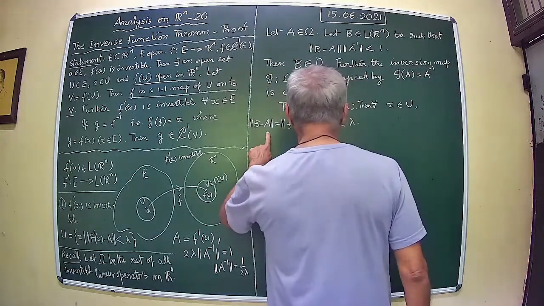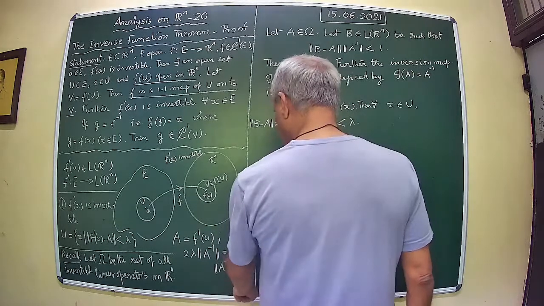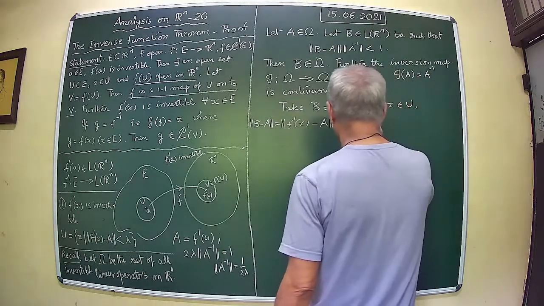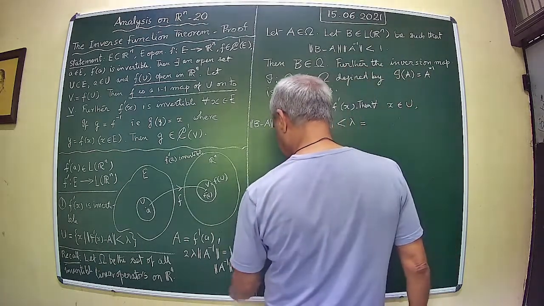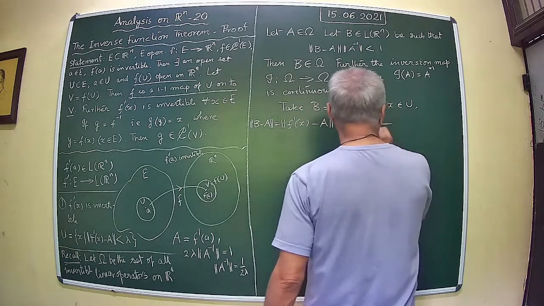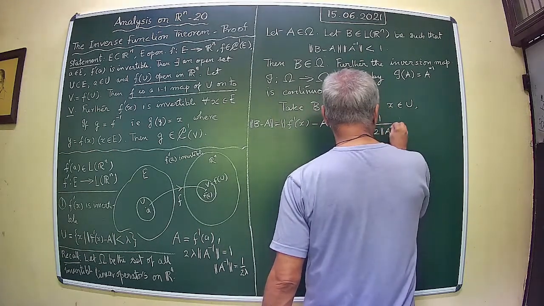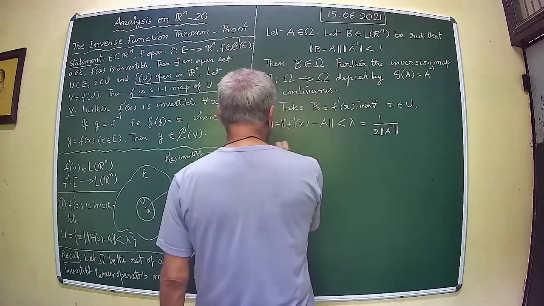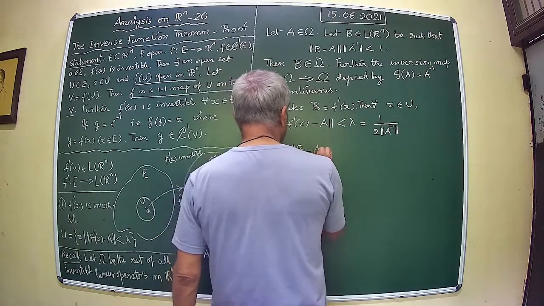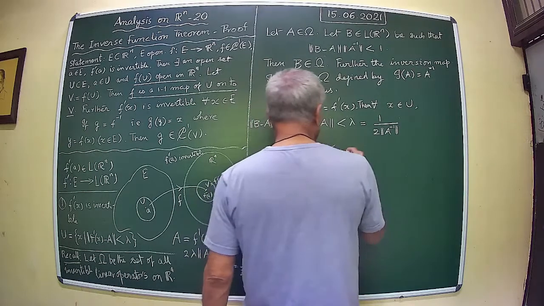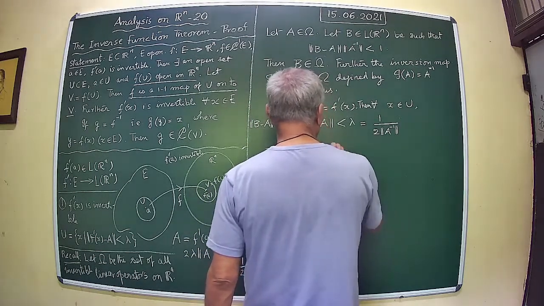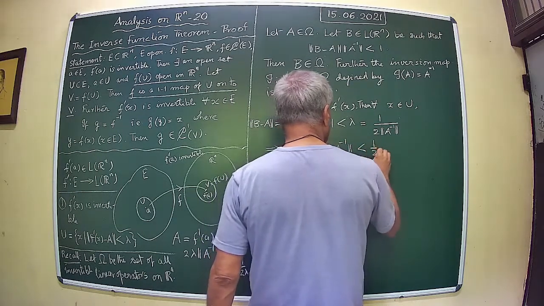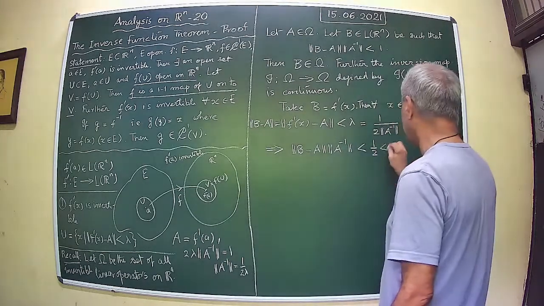Then what can you say about this? See, lambda is, by definition, equal to 1 upon 2 times the norm of A inverse, and therefore the product of norm of B minus A and norm of A inverse is less than 1/2, which is certainly less than 1.